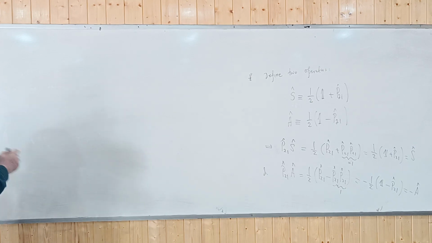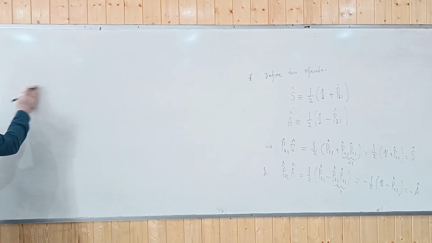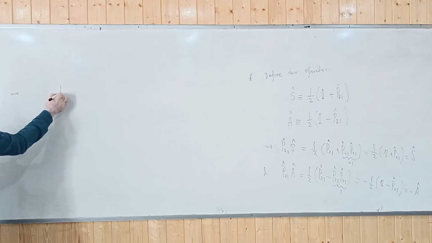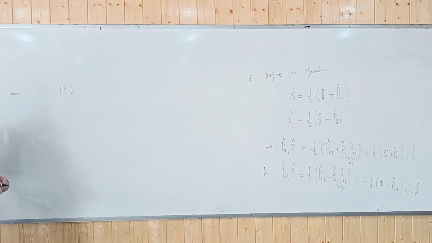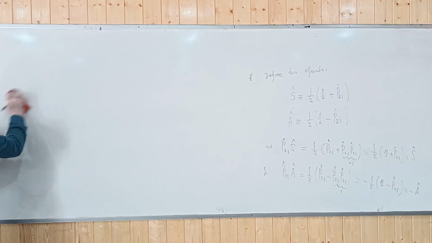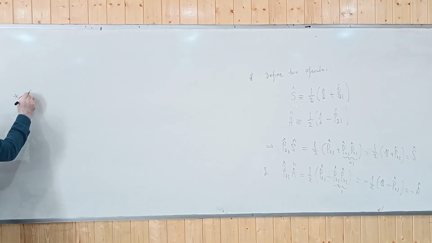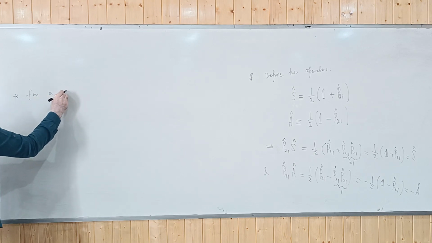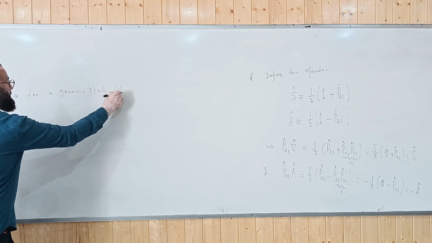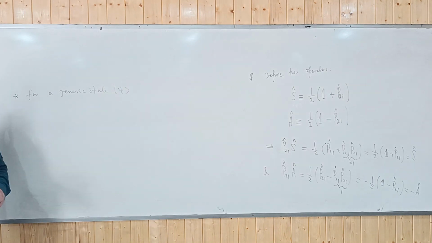Okay, so we can write it this way. As a consequence of these things, let me take this state psi. You have psi as a generic state now, okay? So for a generic state psi, a two particle state, what do we need to construct out of this psi?